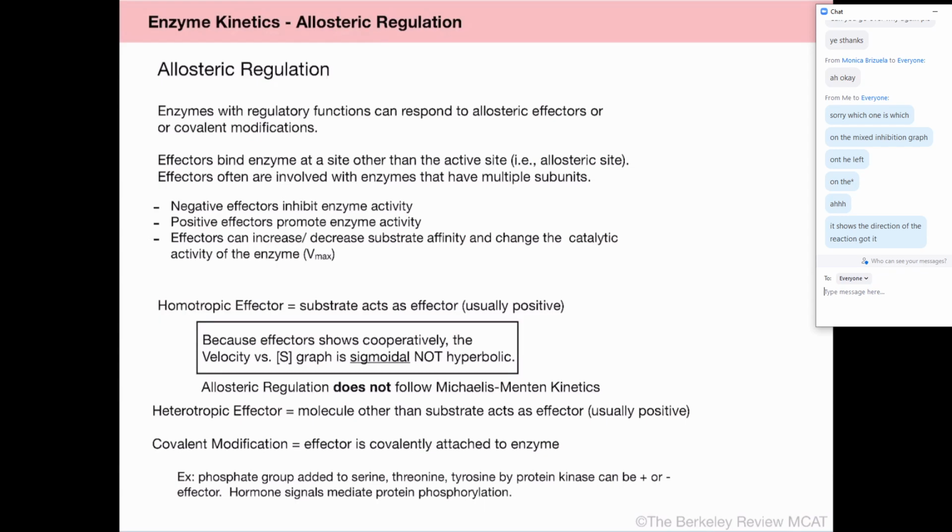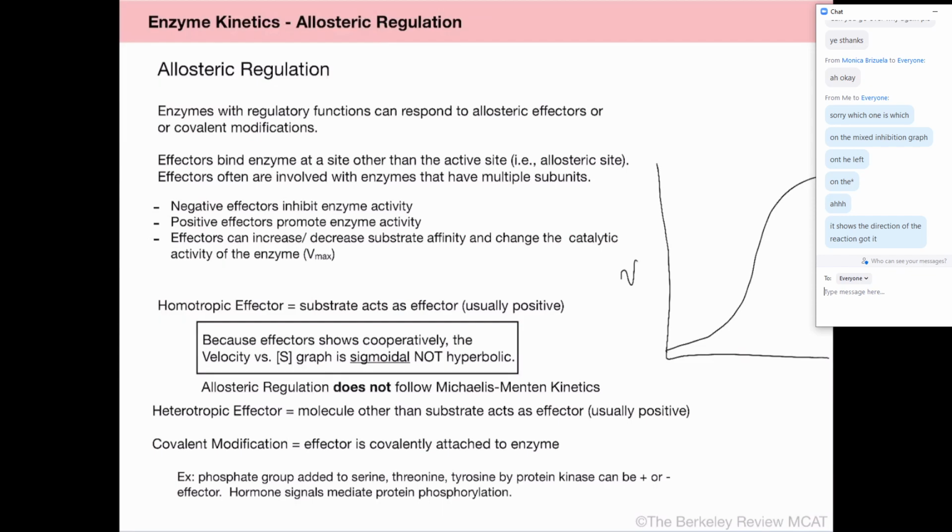And based on the binding, the enzyme might change shape slightly, and it might make it either more or less efficient. And so you'll get these sigmoidal graphs, right?